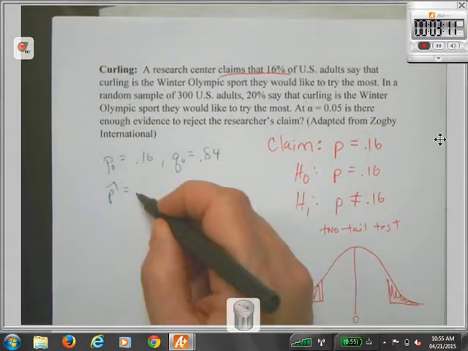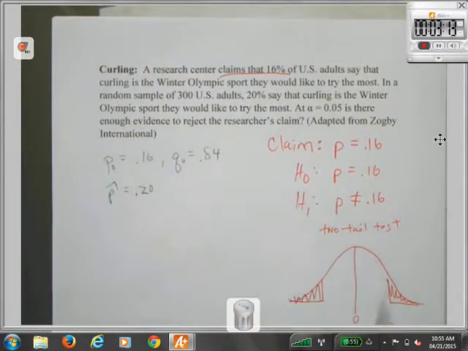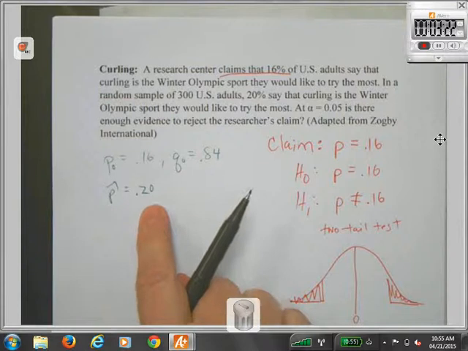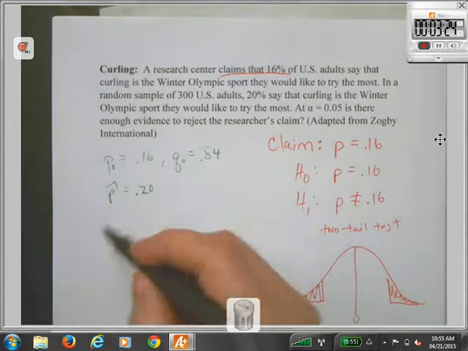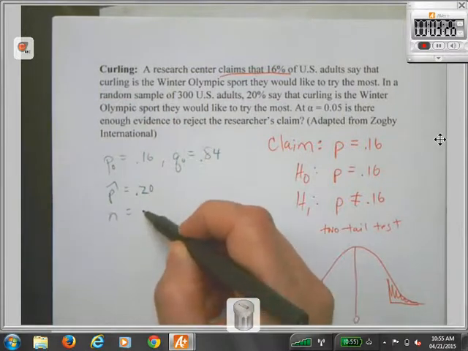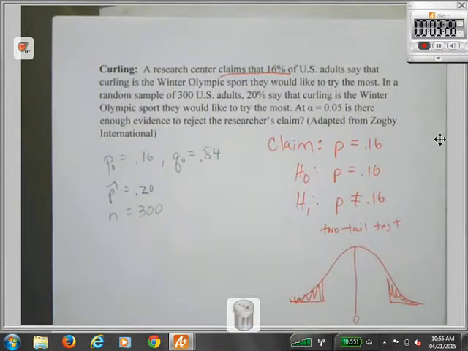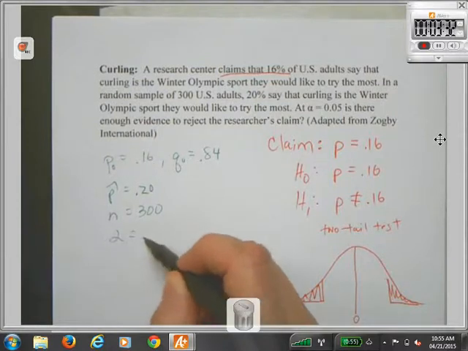So that's 0.2, or 0.20 if you want, for P hat. They didn't give us an x over n to calculate. They went ahead and calculated the P hat for us and gave it to us. We do need the n, which is the number in the sample, and that's 300. The significance level they're asking us to work with is alpha equals 0.05.